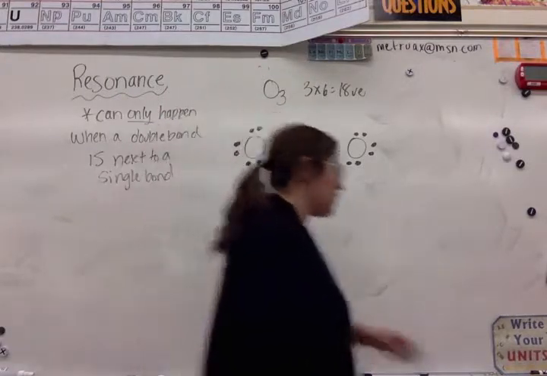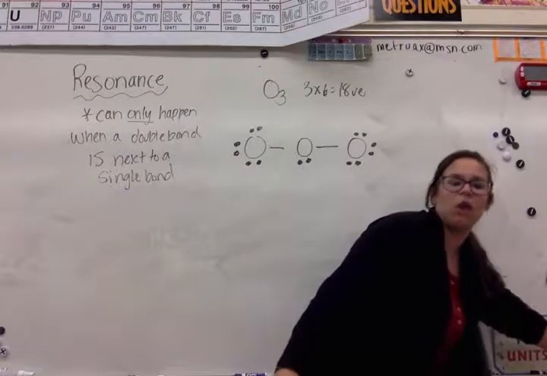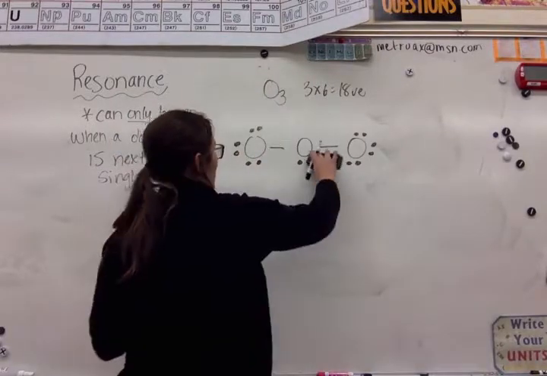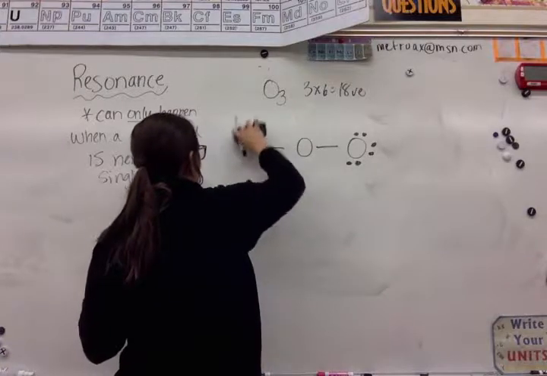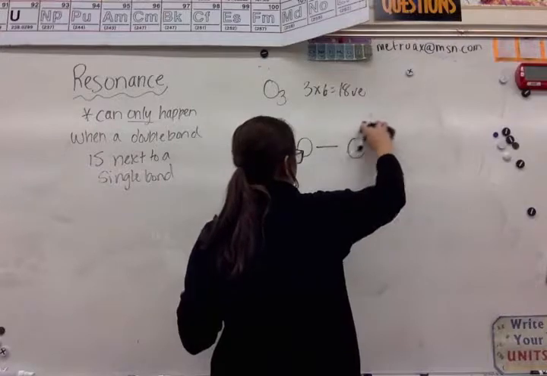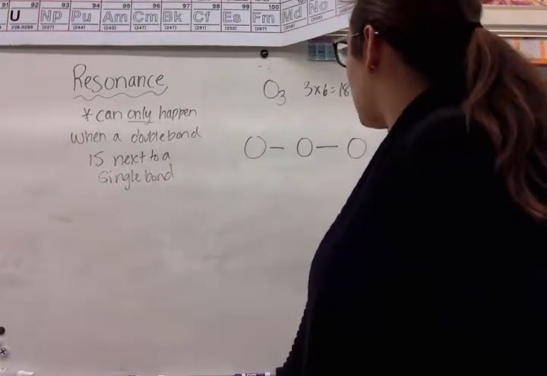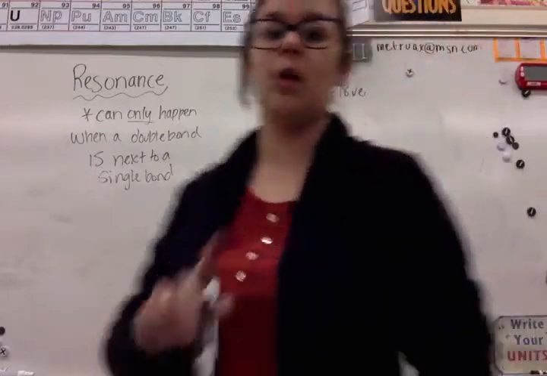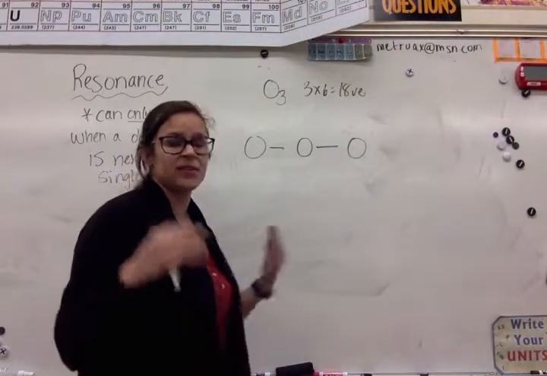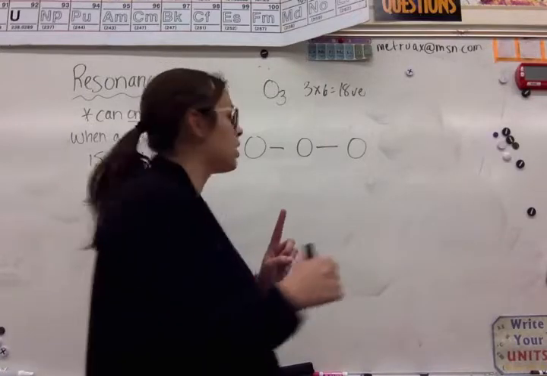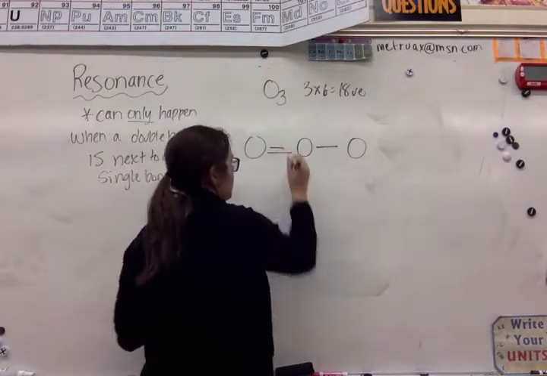Now, I recommend whenever you add a double bond, you take out all your valence electrons, add the double bond, and re-put them out, to avoid the problem I had last time where you forget ones that you're supposed to take out. All right, so we had 18 valence electrons. We're going to try one double bond, not both, just try one at a time. If that doesn't work, then we try another one. But I was only 2 electrons short, so my guess is one is going to work. So we're going to put in another bond.